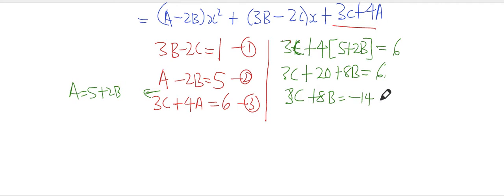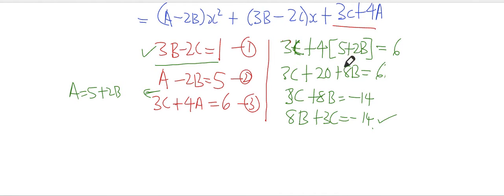Next step. Swapping the order, this should be 8B plus 3C equals negative 14. Let's say this is equation 4. Then I have another equation, number 1.